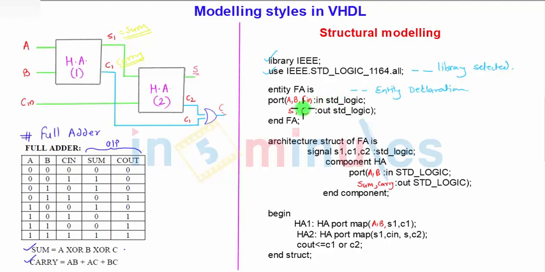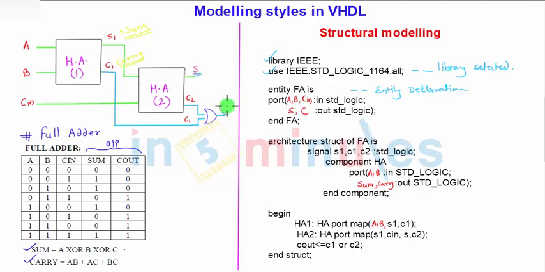So A, B, C are the input ports having data type std_logic, which is defined in the IEEE library, that's why we are using the IEEE library here. And S and C are the output type, output standard logic. As you see here, S and C are mentioned at the last.